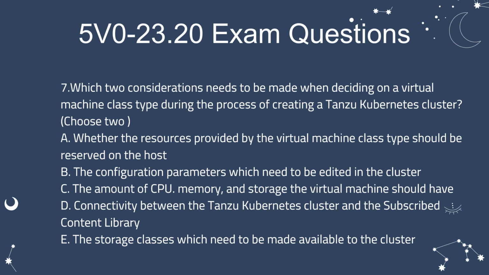C. The amount of CPU, memory, and storage the virtual machine should have. D. Connectivity between the Tanzu Kubernetes cluster and the subscribed content library. E. The storage classes which need to be made available to the cluster.